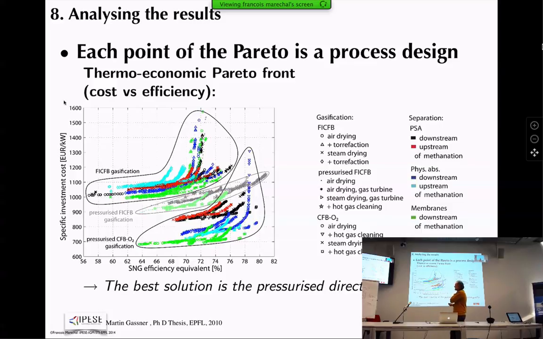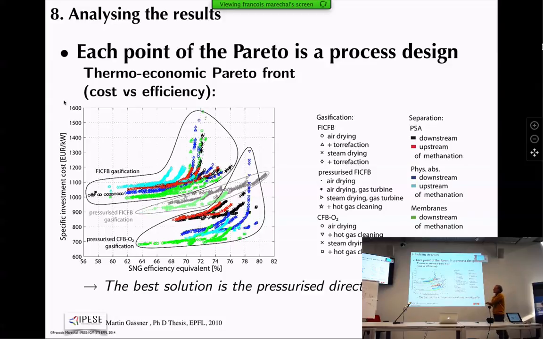At the end, the parallel computing facility worked for 2 weeks to generate this curve. It was around 100 processors, so it's a parallel computing system.